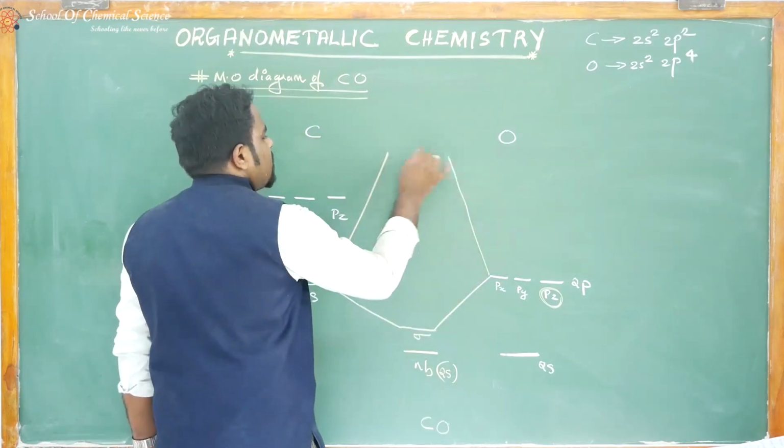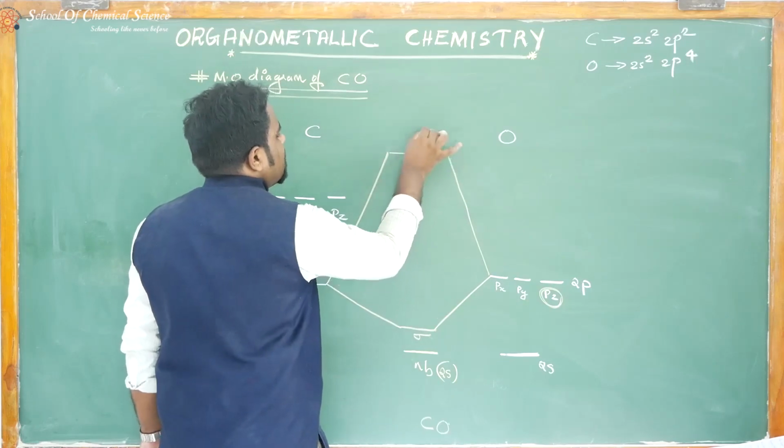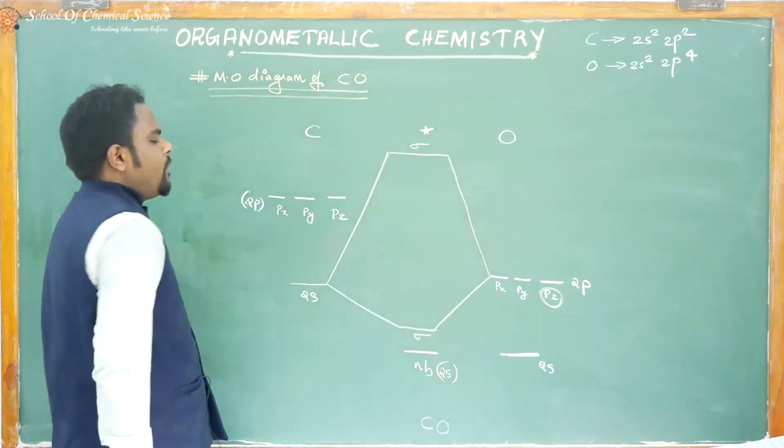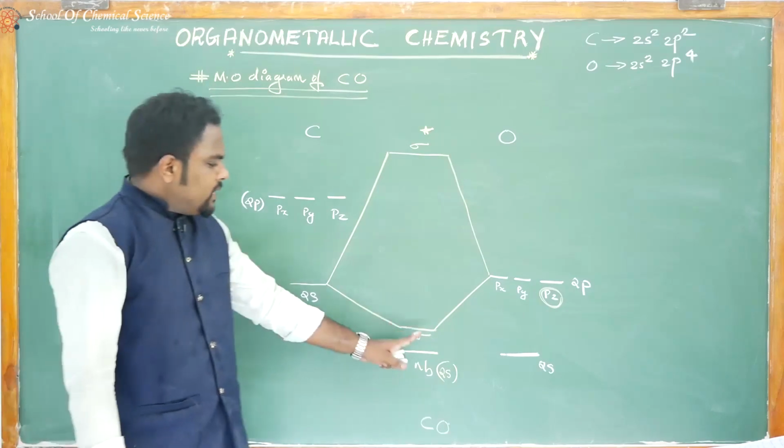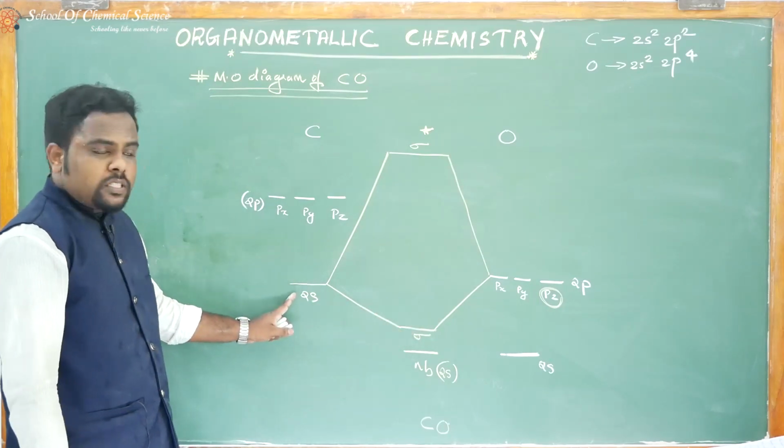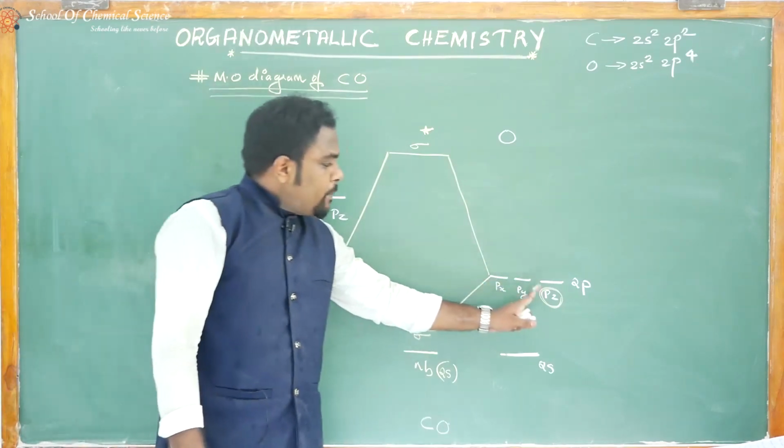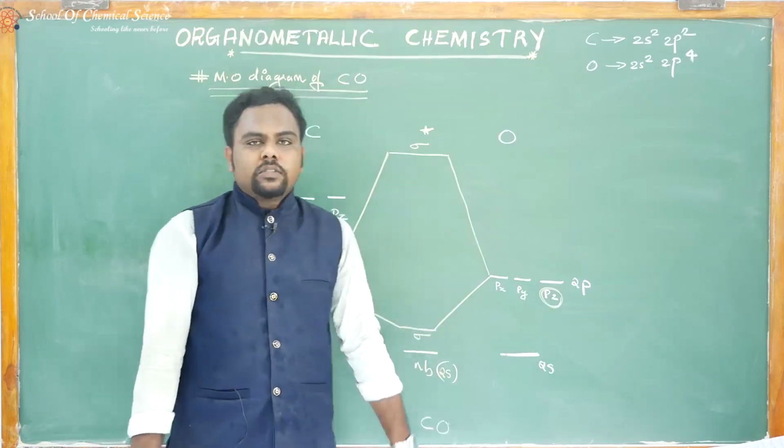When a bonding orbital is formed, an anti-bonding orbital is also formed. This is sigma star. So this sigma is formed between the 2s orbital of carbon and the pz orbital of oxygen.